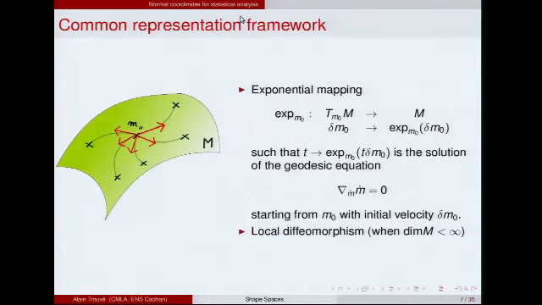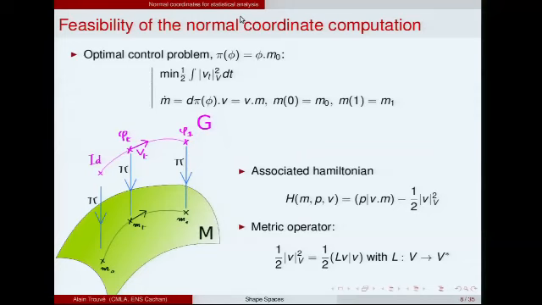I mean, for any velocity field, you integrate the geodesic with the constraint that the initial velocity is given by your choice. So you have a map from the tangent space to the M, and usually this is a local diffeomorphism in finite dimension. So you have this geodesic equation, but it has the Christoffel symbols, and it's not very usable like that. So the way we do it is different, so maybe I will skip that.